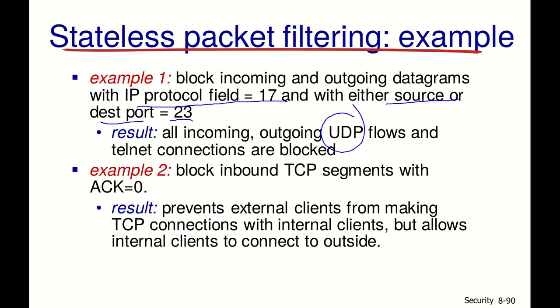Now the second example: we block inbound TCP segments with ACK equal to 0. What it means is that it prevents external clients from making TCP connections with internal clients, but allows internal clients to connect to the outside. Inbound TCP segments with ACK equal to 0 mean that the source is coming from outside.